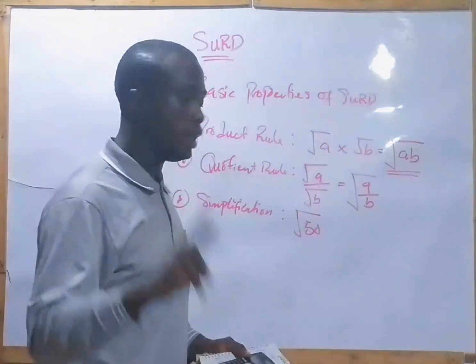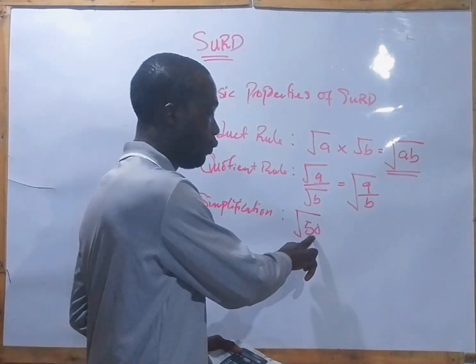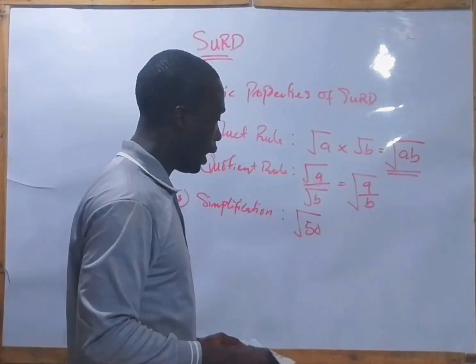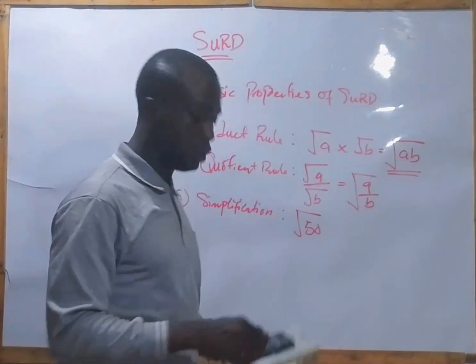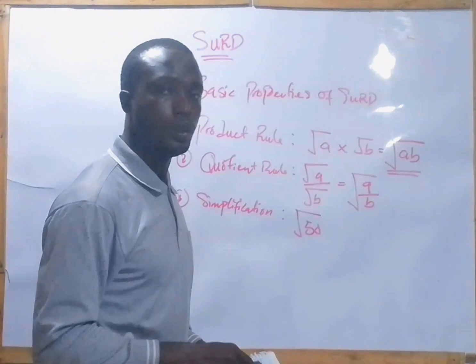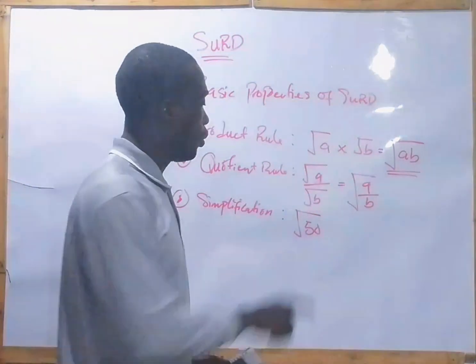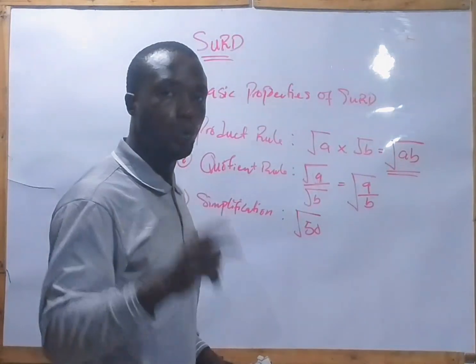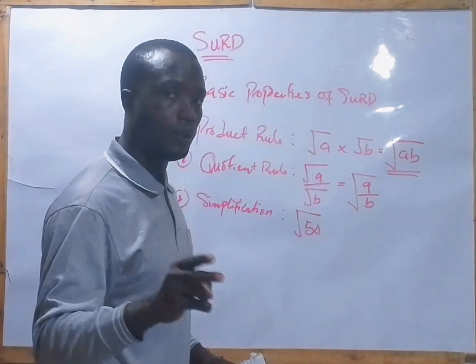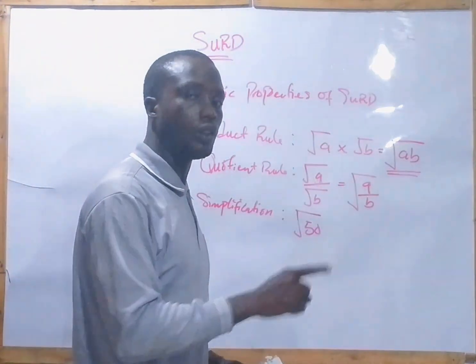Now we have root 50 here. The first thing you need to do is say 50 divided by 2. You start by 2, because if you divide by 1, it will still give you 50. So 50 divided by 2 will give you 25.